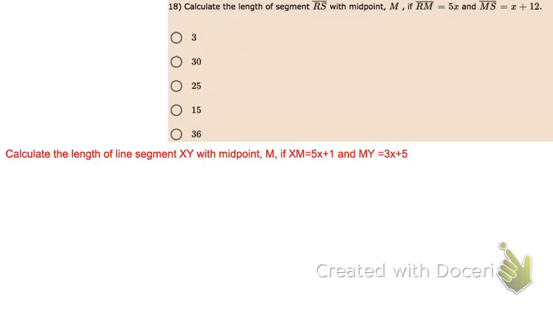This one is similar, but we have to solve an equation. So I'll do the one in red that's similar to the question that you're going to be asked. It says calculate the line segment XY.